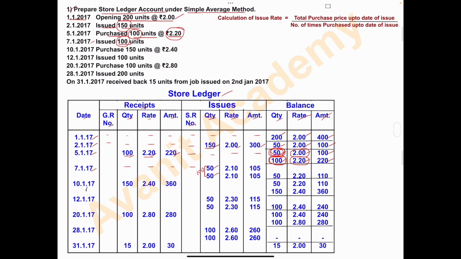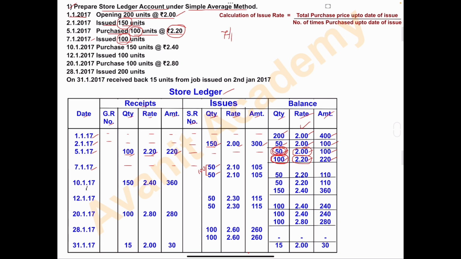See a calculation of issue rate. Formula is total purchase price up to date of issue divided by number of times purchased up to date of issue. So what should we take? Total purchase price up to date of issue. Purchase price means rate. The rates appearing in the balance column, we have to take those. Number of times purchased means how many times units have been purchased. So we will calculate on 7th January. What are the rates? 2 plus 2.20 divided by 2. There are two prices. Number of times purchased is 1 and 2.